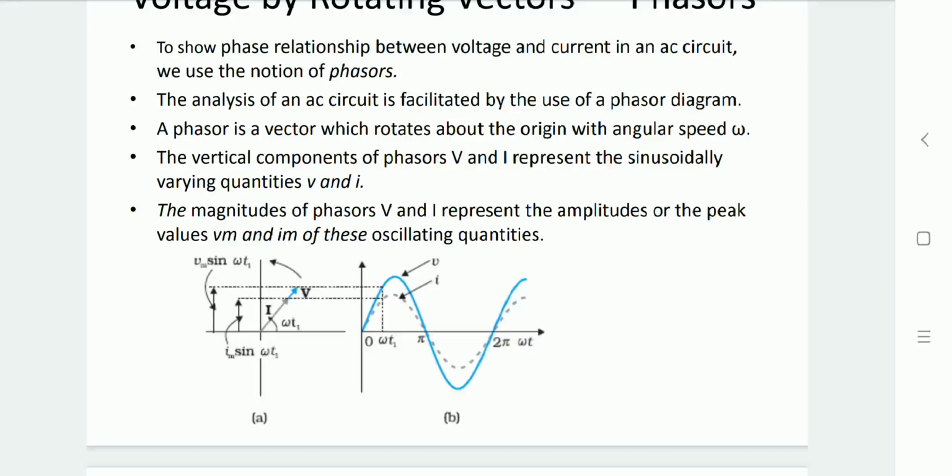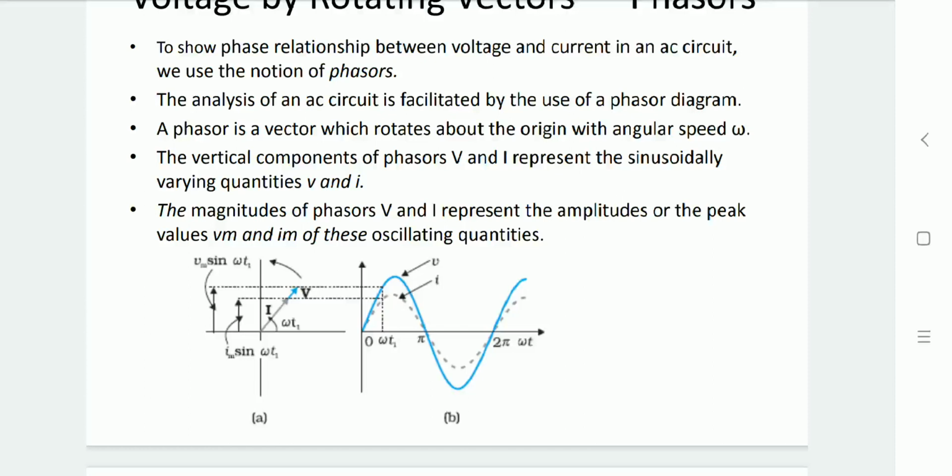The angle defines omega t1, that is the phasor angle from the origin. It is rotated with the angular velocity, that is angular speed omega. So whatever omega t time we have taken for reference, by that angle it is rotated and moving from the origin.